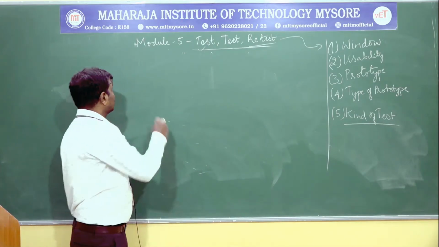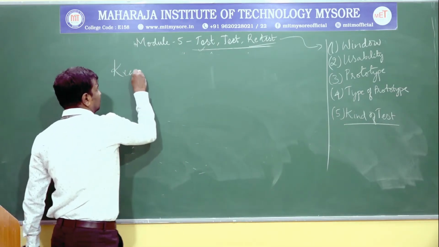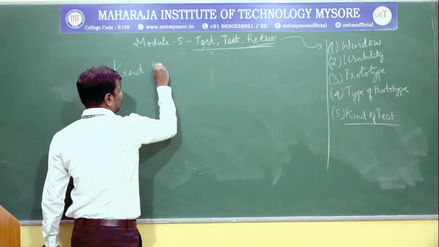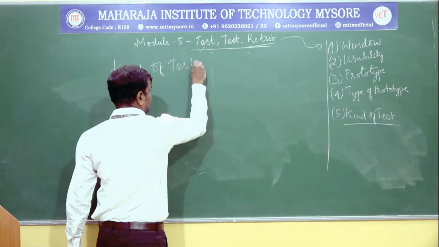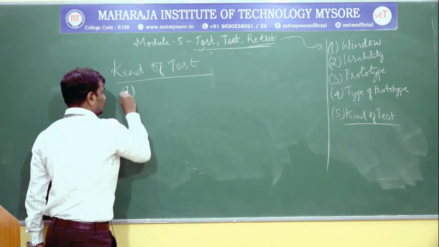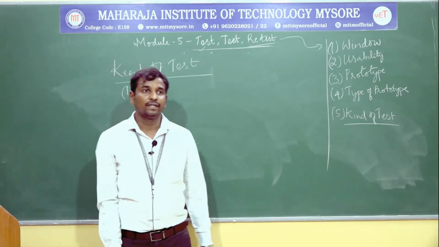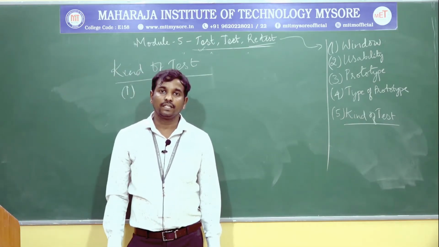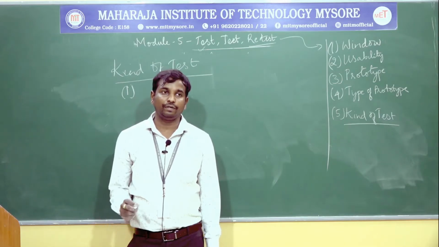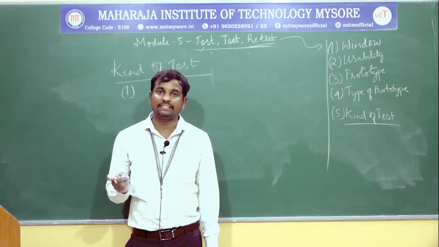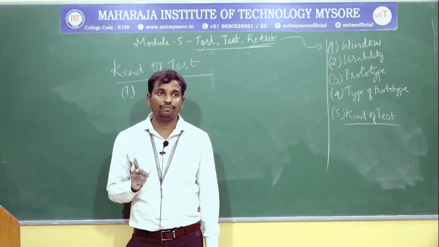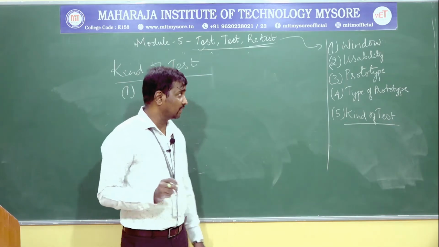So we can list out the different kinds of testing. The first kind of testing is confirming the requirements. Whenever we are doing the testing operations, we need to confirm what requirements are needed.